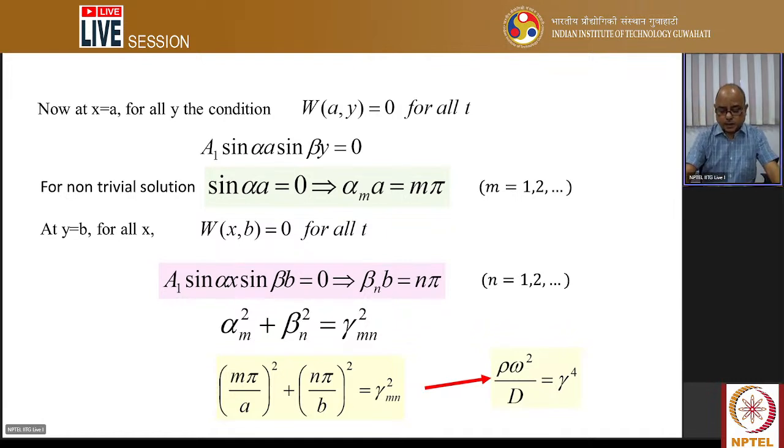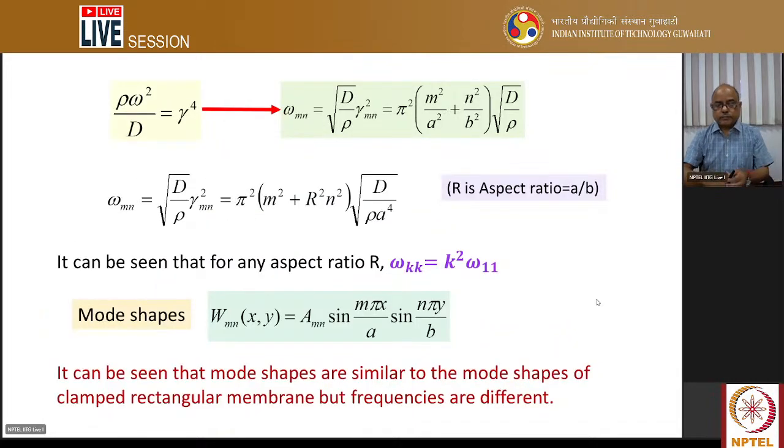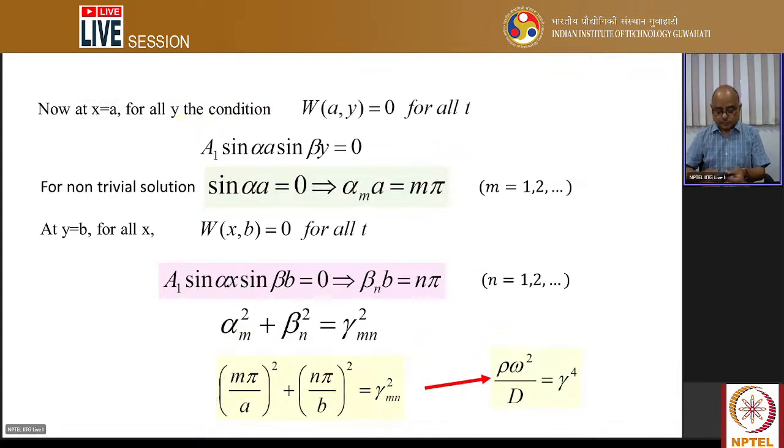This gamma is double subscripted, so we can write gamma mn corresponding to this omega mn. Because m and n are two integers here, therefore we can write this gamma mn.